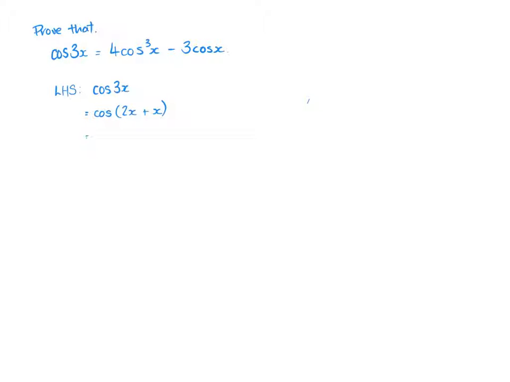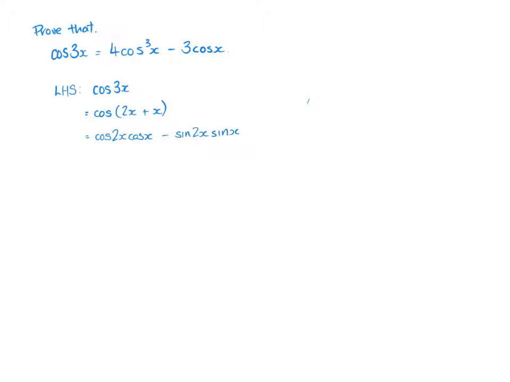Then we can use our compound angle formula to write that out as cos 2x cos x, take away sine of 2x times the sine of x.